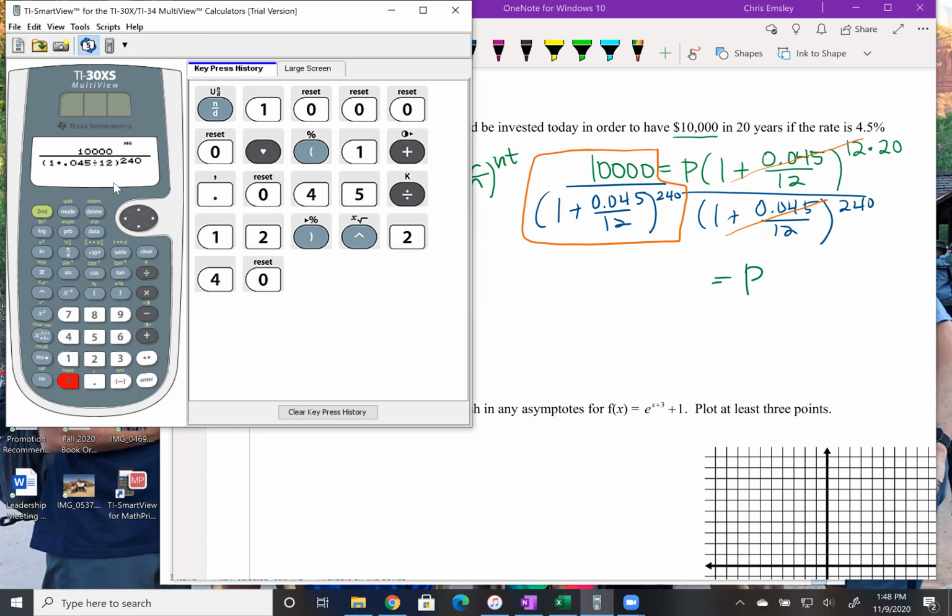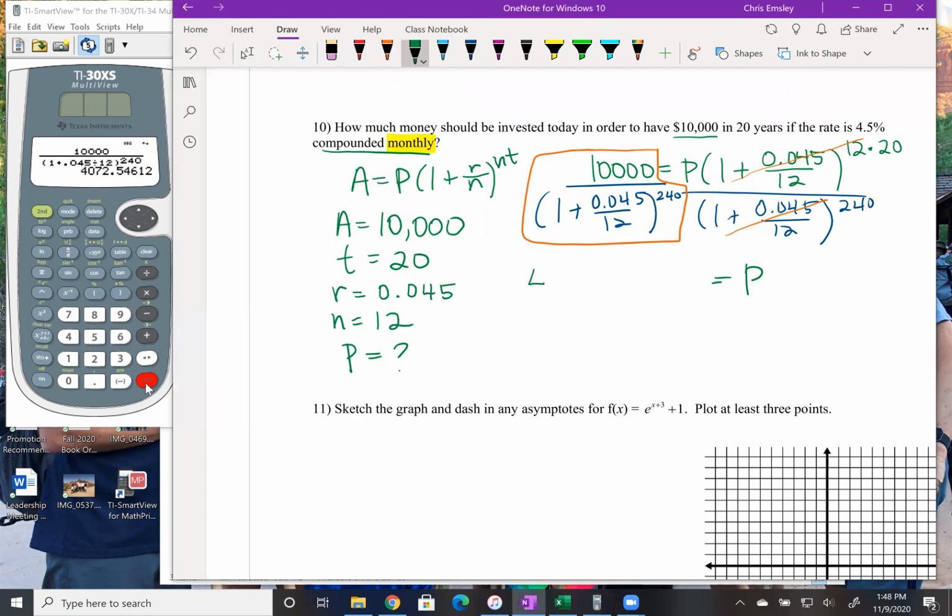If you don't have the multi-view, you can still do it in one step. You just might need another set of parentheses. And there's our answer. So our calculator spits out 4,072.54612. Okay, that's not the answer we want to give when we're talking about money.